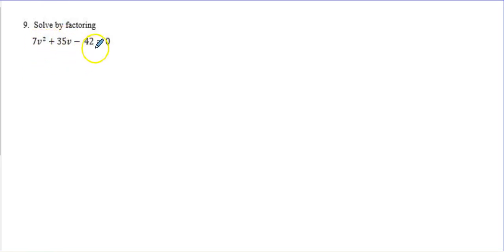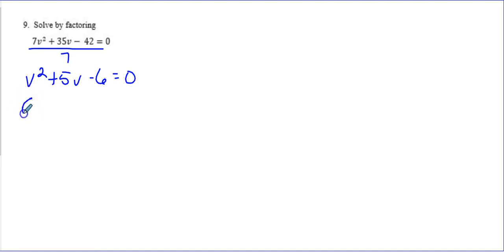But the first thing we can do is, if you notice, 7, 35, and negative 42, they all have a factor of 7. So I can just divide everything by 7 and get b squared plus 5b minus 6 equals 0. And then I just need to think about what multiplied together gives me 6, but then added gives me 5.